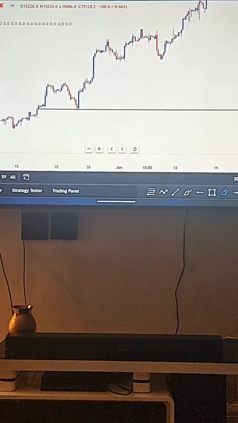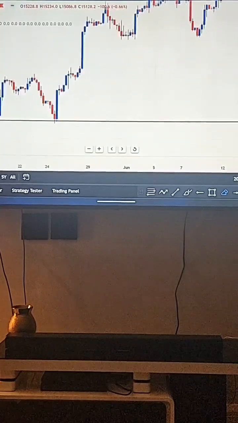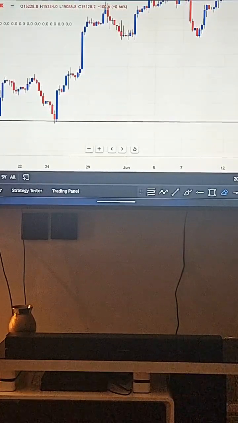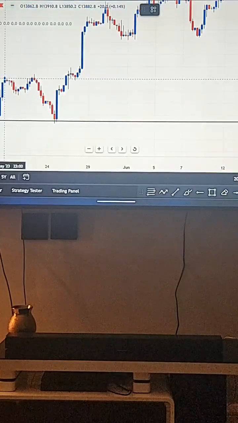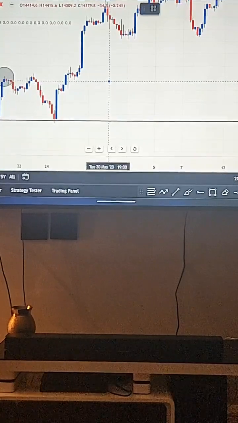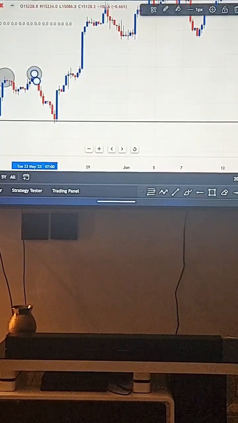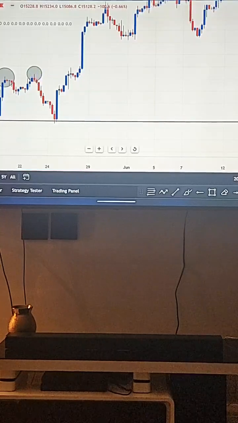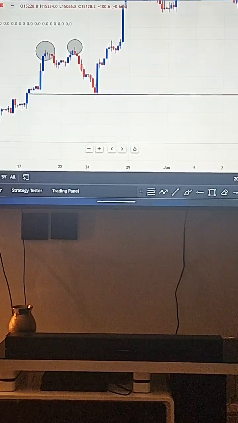So you want to see something like this, where price makes a high, and once again, it comes back to liquidity, takes out that high, right? Because once it's taken out the high, it's going to go for the low.